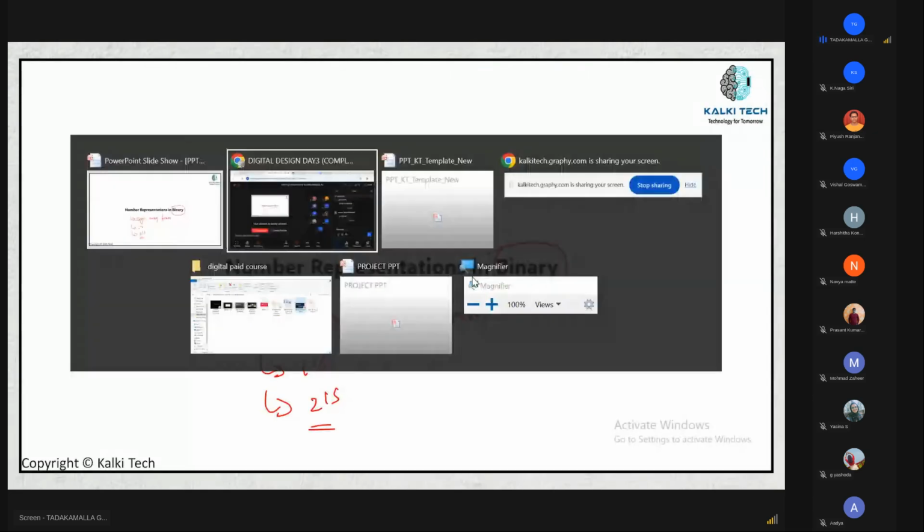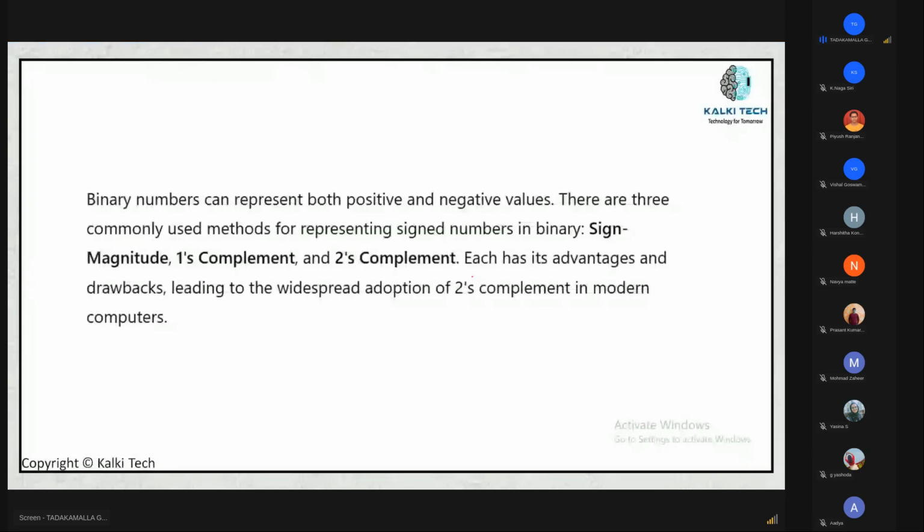Now let's see what is meant by sign magnitude. Binary numbers can represent both positive and negative values, and there are three commonly used methods for signed numbers in binary: sign magnitude, one's complement, and two's complement.